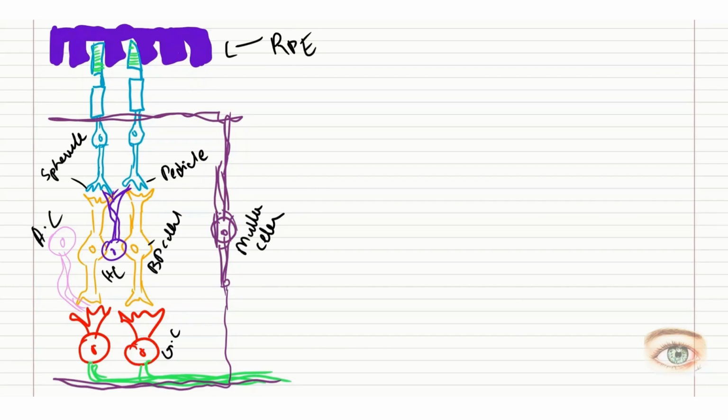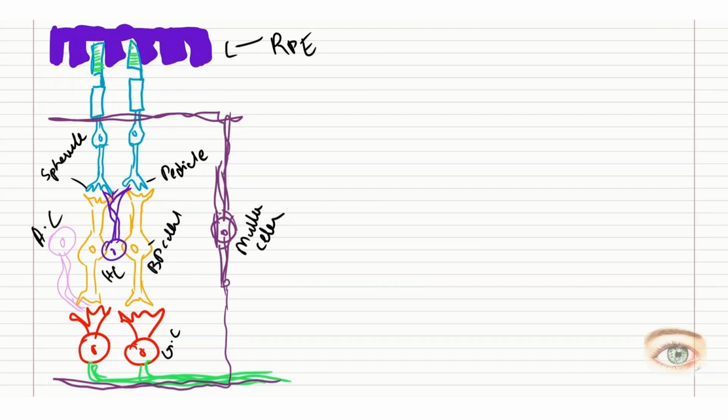Now I'm going to describe how these layers are going to appear on the OCT. First, I'm going to name all these layers. This was the RPE, and this layer right here is the outer segment and inner segment junction.